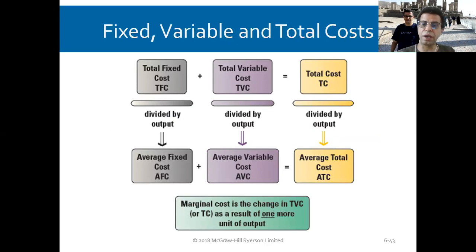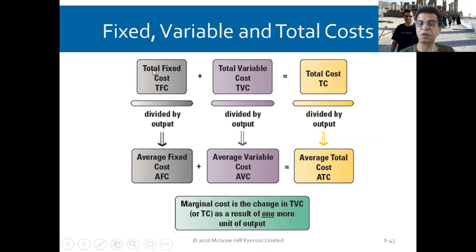So, we're looking at it in general. For example, if you have the total fixed cost, TFC, divided by the total output, you have what you call the average fixed cost. Plus the total variable cost divided by the output, you have the average variable cost.